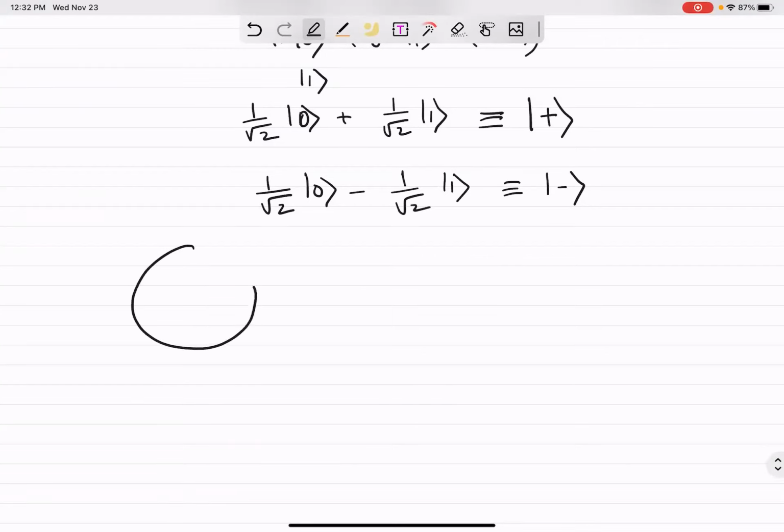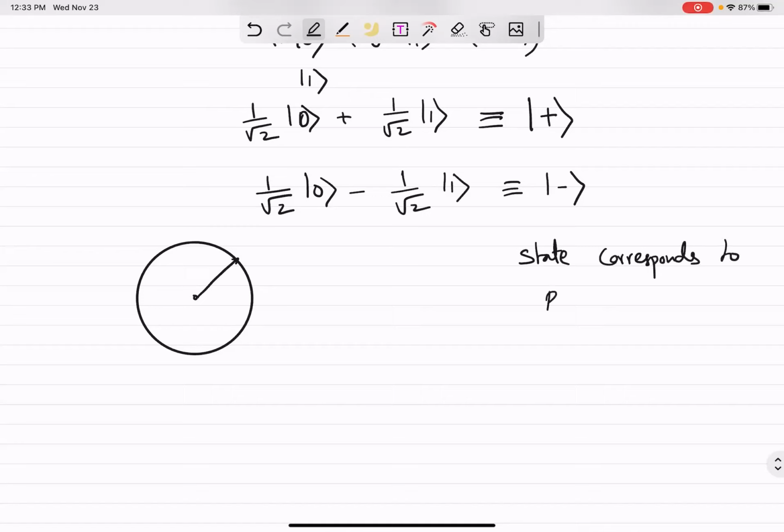Right. And you can picture the state alpha and beta as a point on the unit circle. Okay, so this is alpha comma beta, because we know that alpha squared plus beta squared is 1, right? So the state corresponds to a point on a circle.